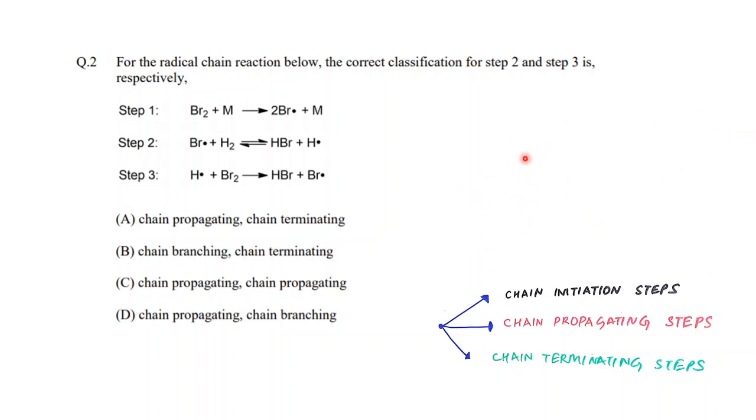That type of step is known as the chain initiation step, in which the radicals are formed which will build the skeleton of the complex reaction. So the generation of free radicals is the chain initiation step.